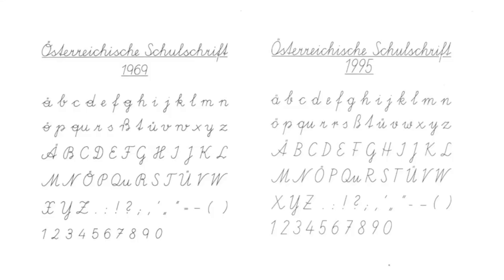This was the situation when we started our work. The teachers in Austria could choose from one of two models to teach in their classes. There was the 1969 version that I still learned, and the 1995 model, which is a slightly updated take with somewhat less curls and swashes. However, and that is quite important, for the unconnected letter forms, which are consistently taught first in classes in Austrian schools, no specific model was ever provided in the Lehrplan, which is the legal basis for the curricula.